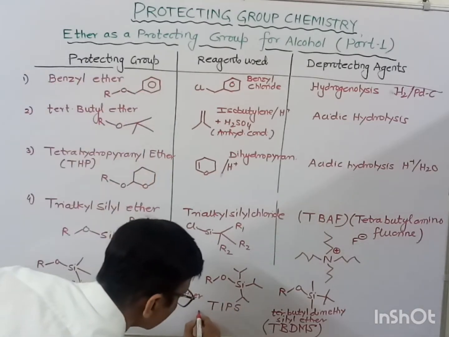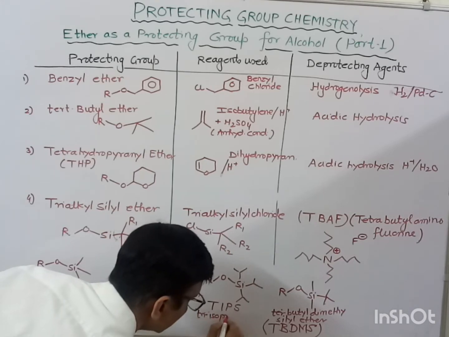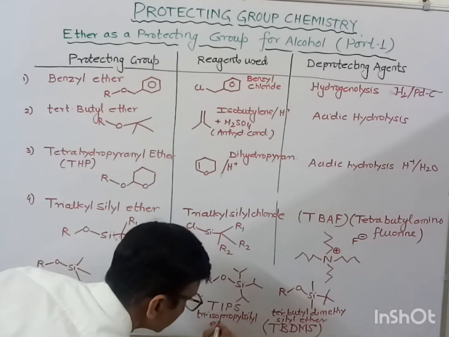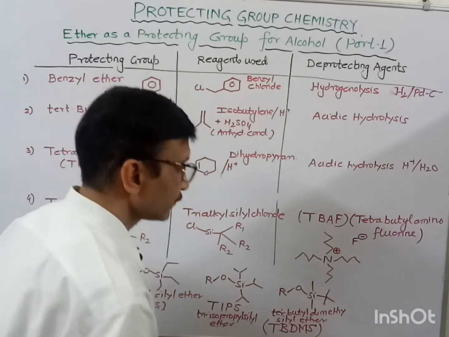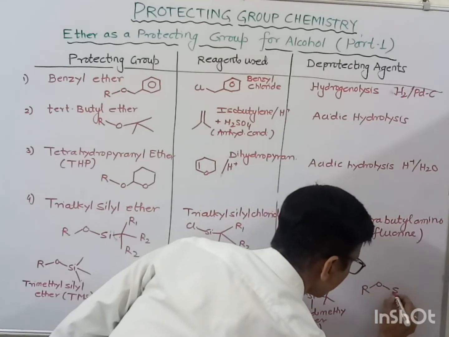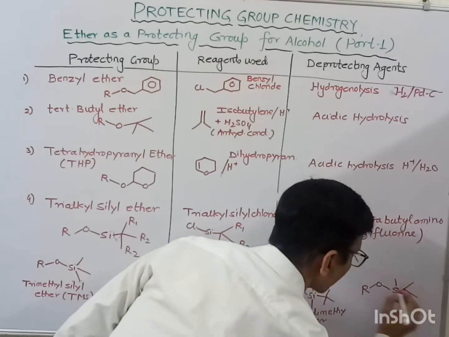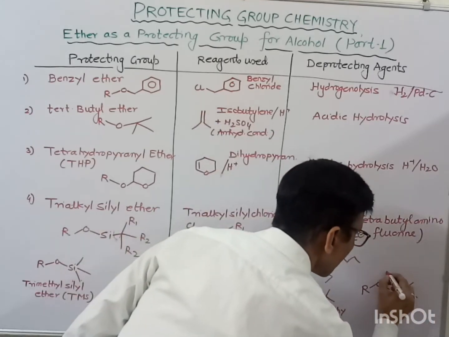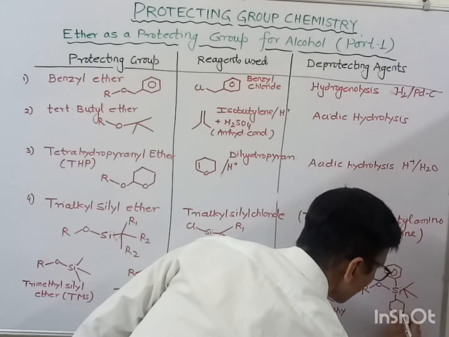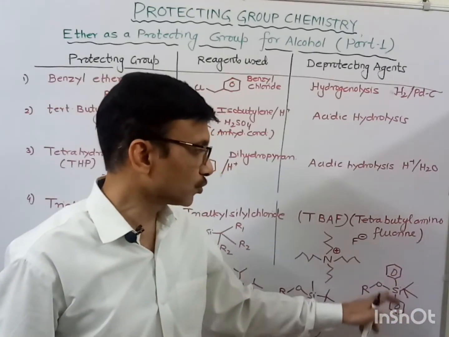Triisopropyl silyl ether. And the next one: here one group is tertiary butyl, and the other two groups are phenyl.